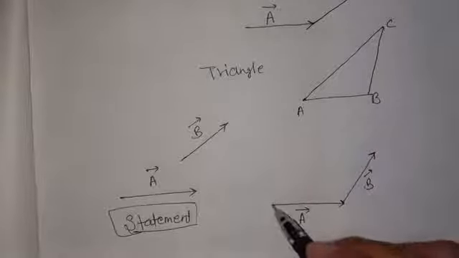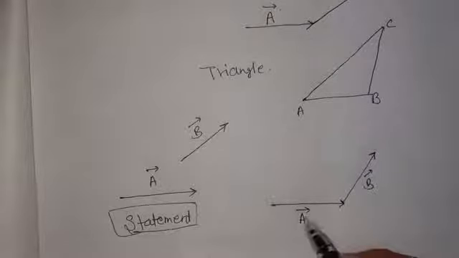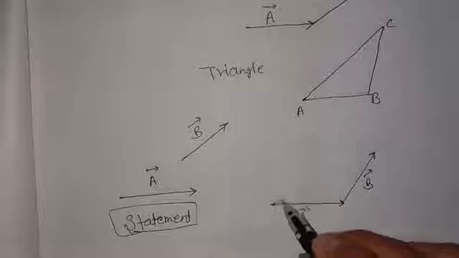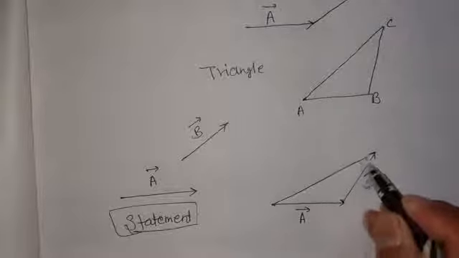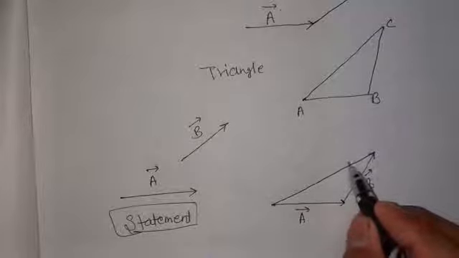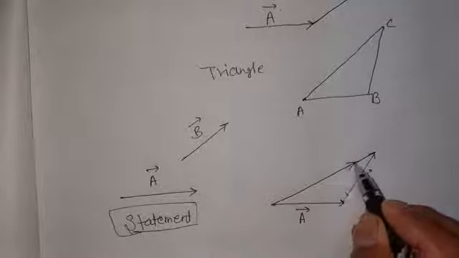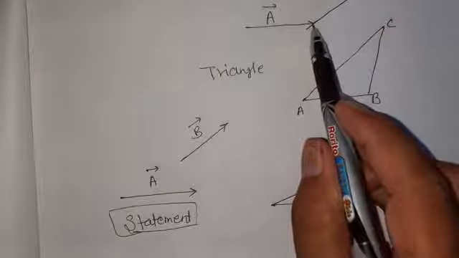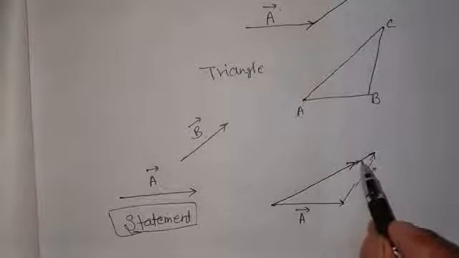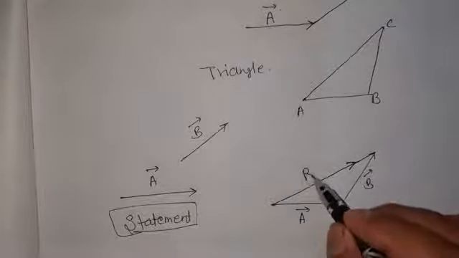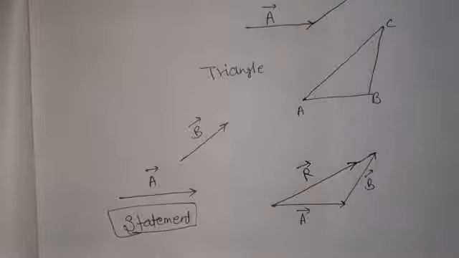The resultant of these two vectors will be given by the third side of that triangle, which is taken in opposite order. Same order means head and tail meet, and the third side is in opposite order. That third side gives us the resultant.